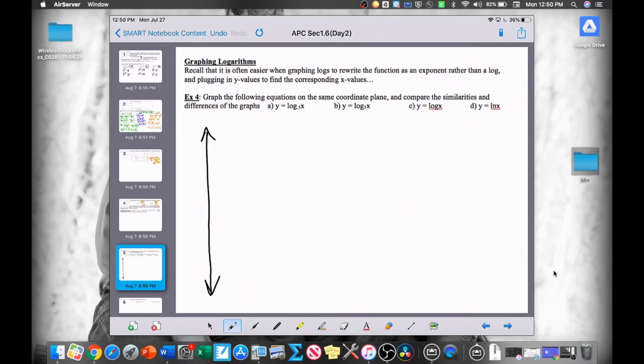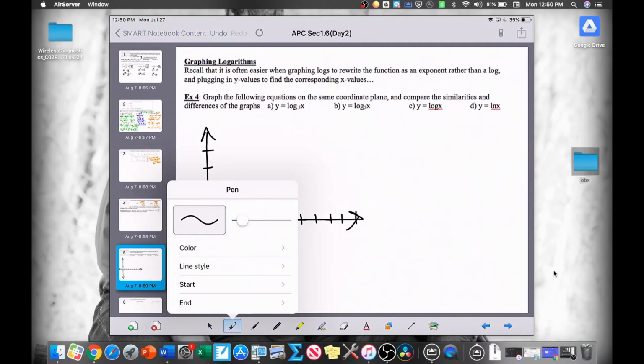And I know that the domain of logs is x values greater than 0, so that's why I'm not putting much on the left-hand side of my y-axis here, because I'm not going to need it. Okay, so here's my coordinate plane.